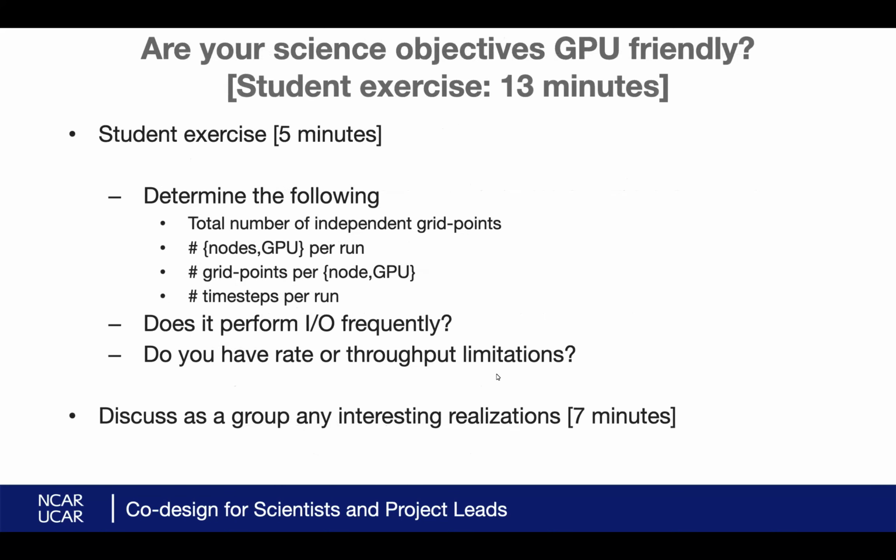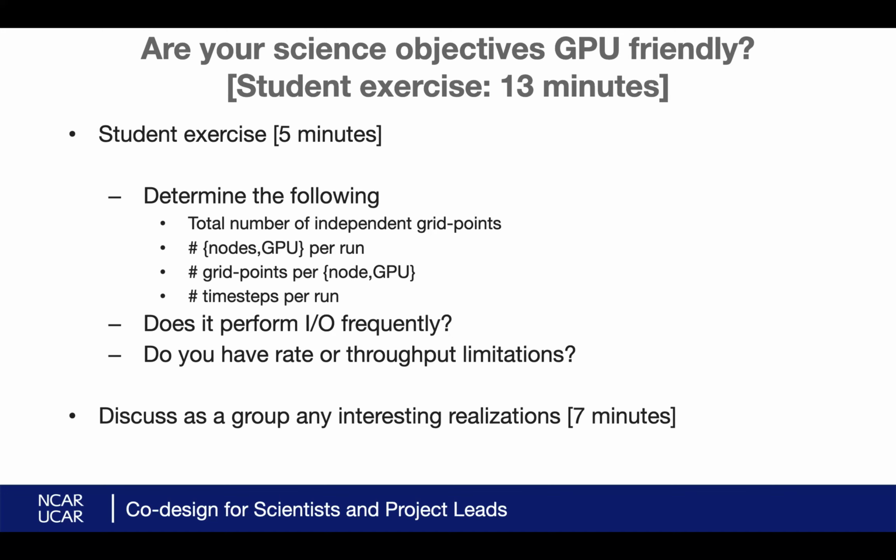All right, so this is your exercise. Pull out your envelopes or whatever scrap of paper you have, and I would like you to determine the following. When you do this calculation, I would encourage you to think about what you're doing today and what you might want to do in 5 years or in the near future. So, think about the total number of independent grid points that you have. Again, let's gloss over the K dependence or the nearest neighbor dependence.